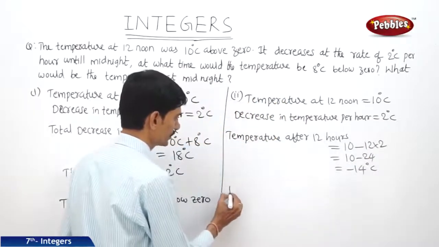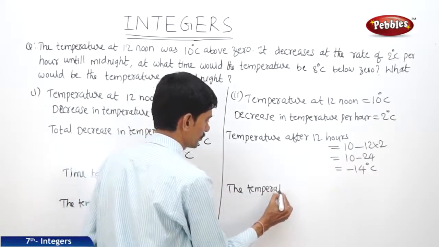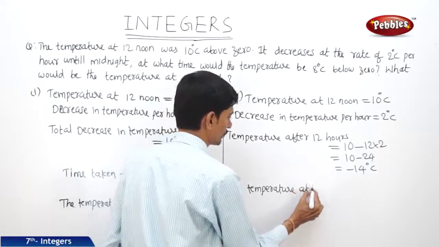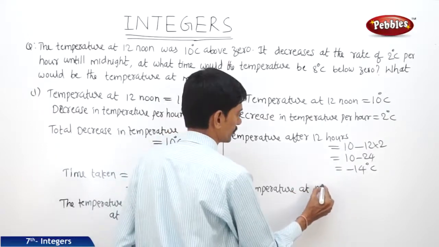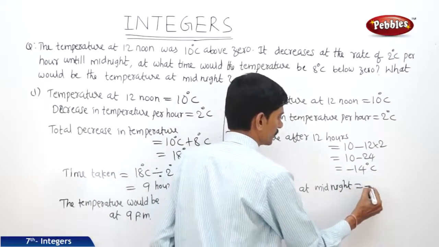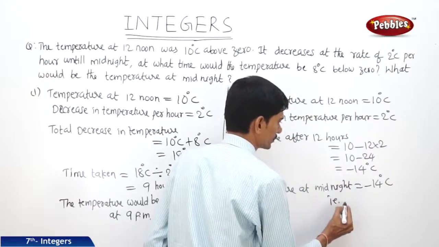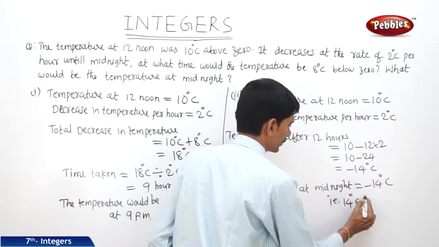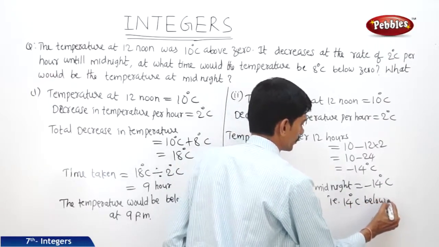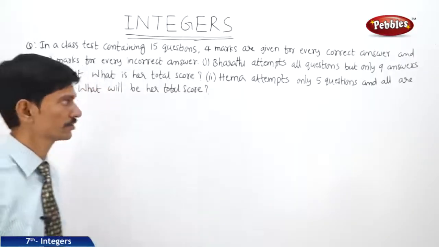So therefore you can write that the temperature at midnight equals minus 14 degrees centigrade, and that is the same as 14 degrees centigrade below 0. Now let us see the next question.